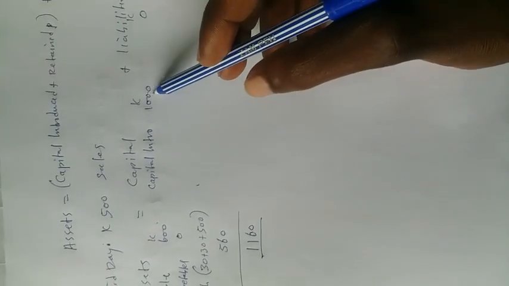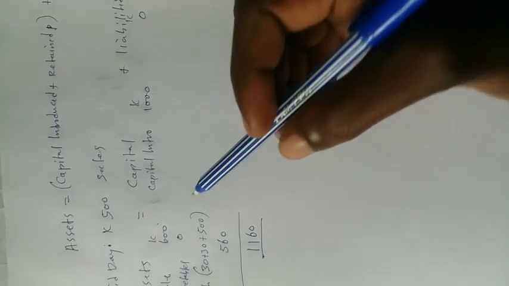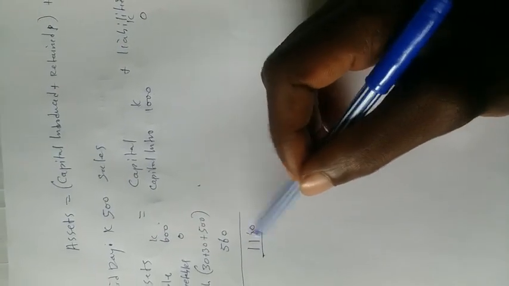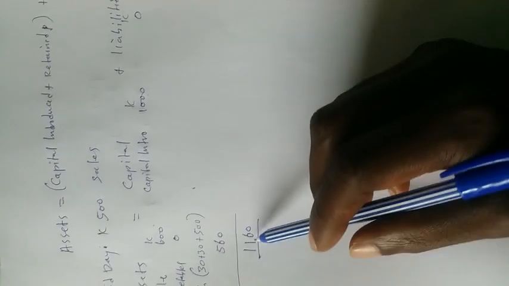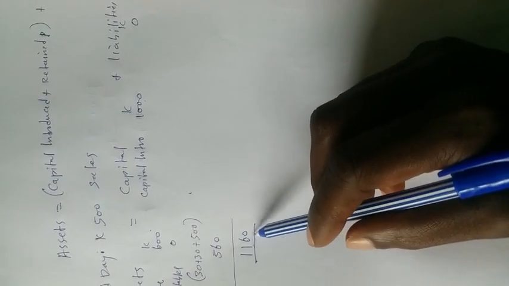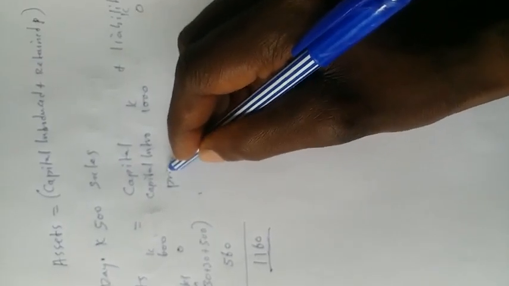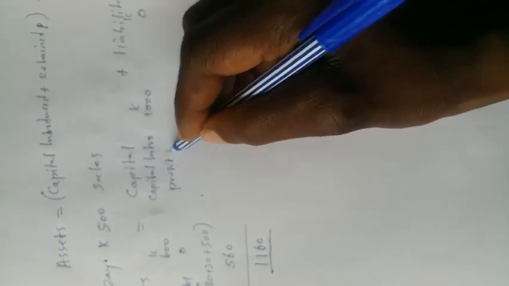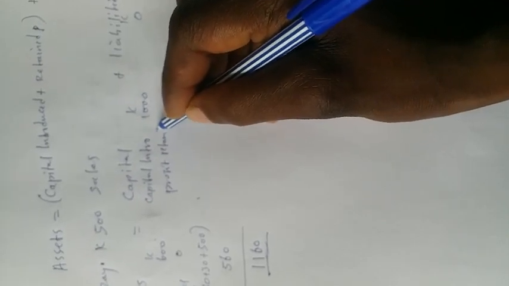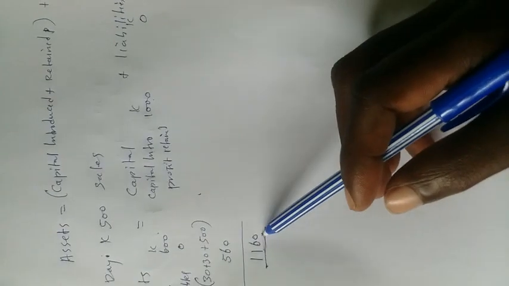Capital introduced is 1000 kwacha, meaning that from our sales we have made an extra 160. So now we have profit retained. There were no withdrawals, that's why we are calling this our profit of 160 retained.